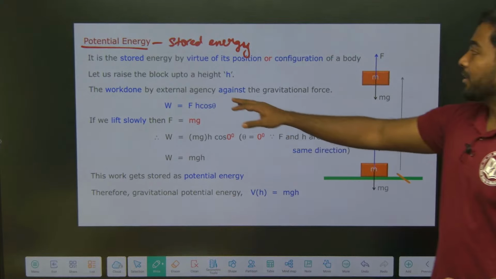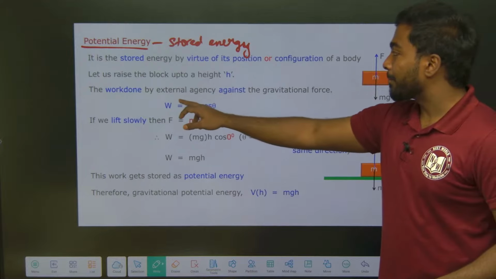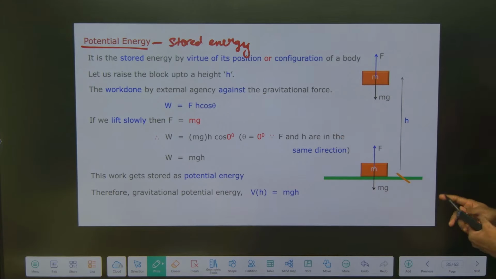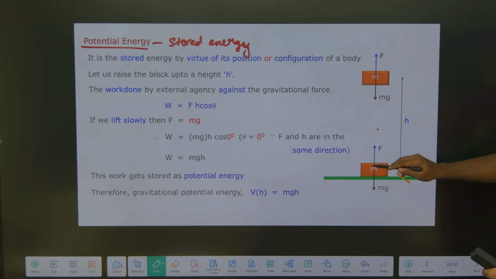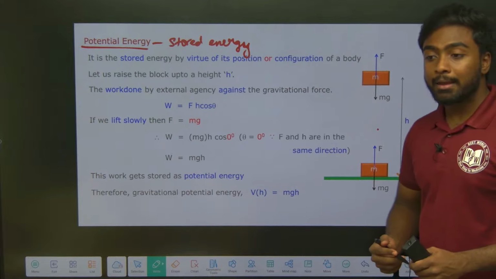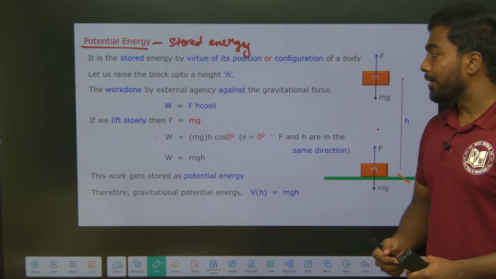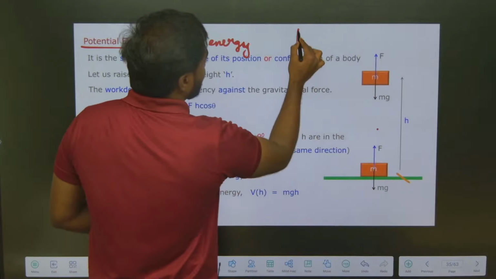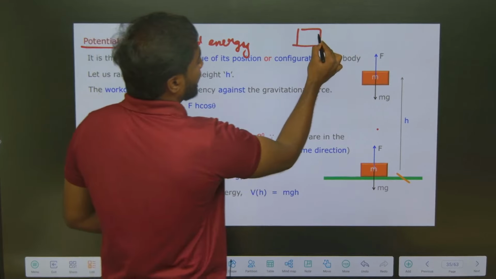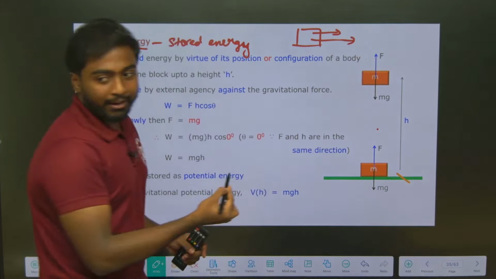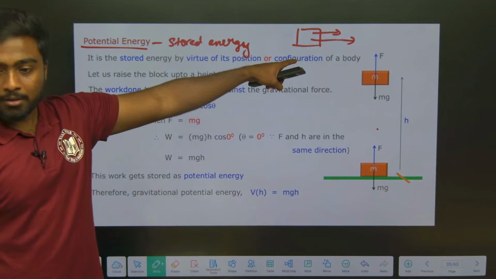So let us raise the block up to height h, and find the work done by the external agency against the gravitational force. When force and displacement are in the same direction, the angle between them is 0, so cos 0 is 1. For example, this is the block, I apply a force in this direction and the displacement also goes in the same direction, so the angle is 0.